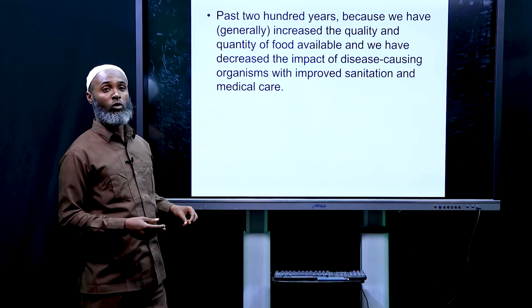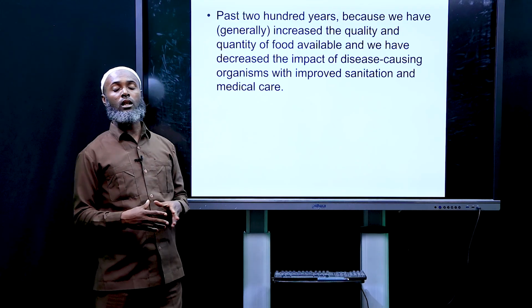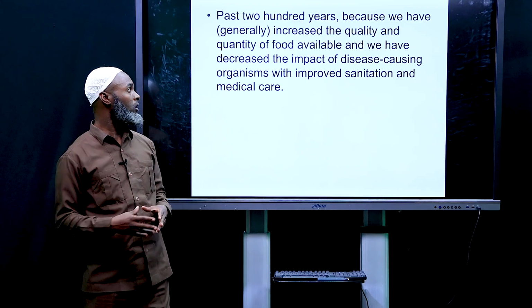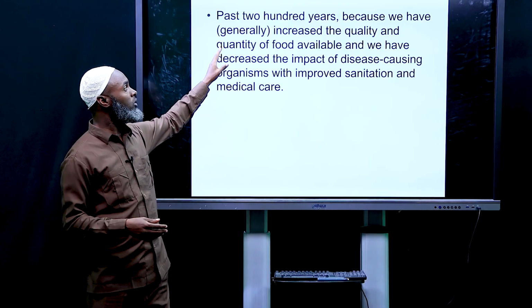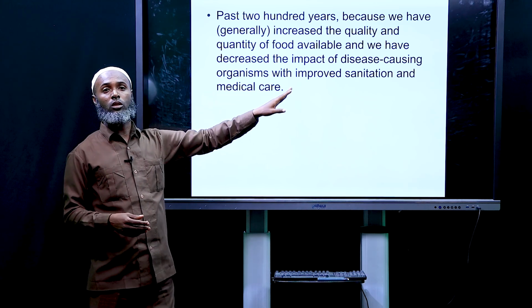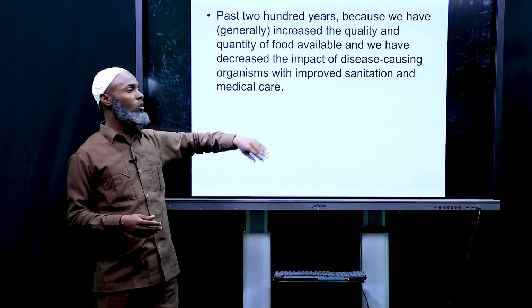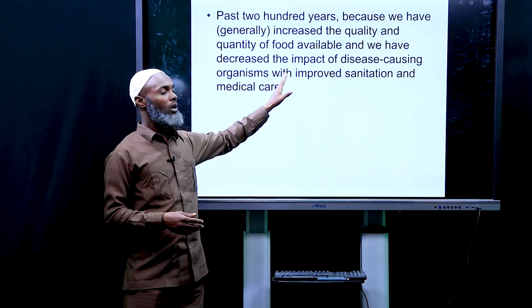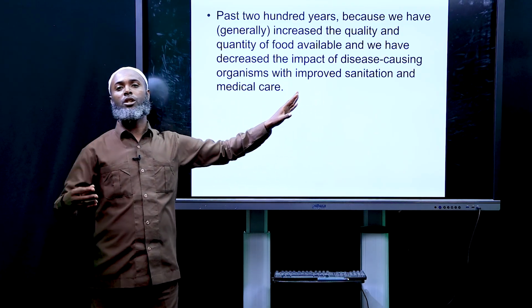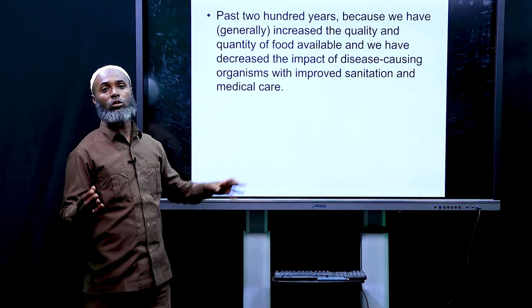Over the last 200 years, there has been an increase in human population growth because of increased quality and quantity of food availability. This decreased the impact of disease-causing organisms, sanitation improved also, and medical care also improved.